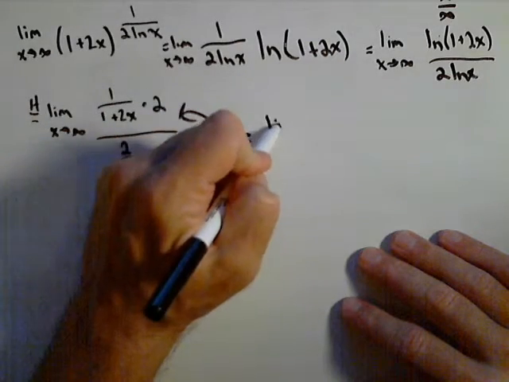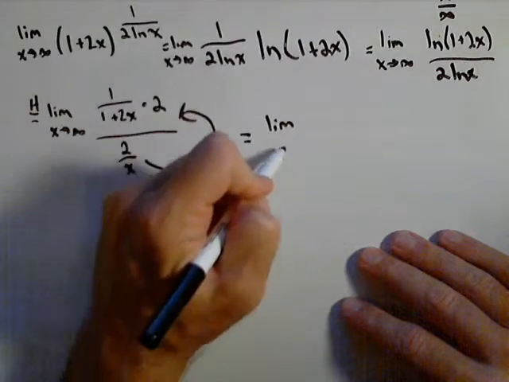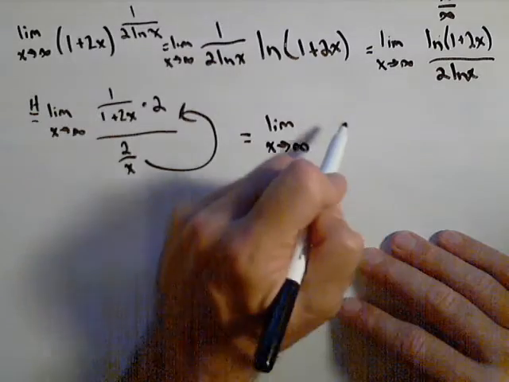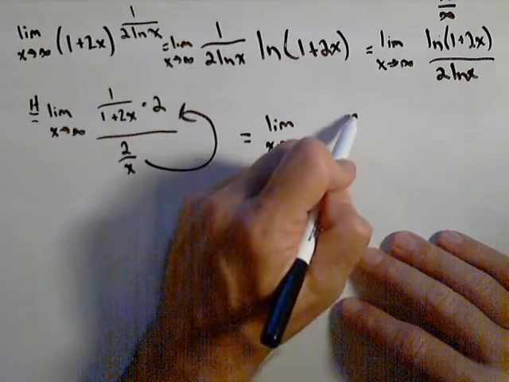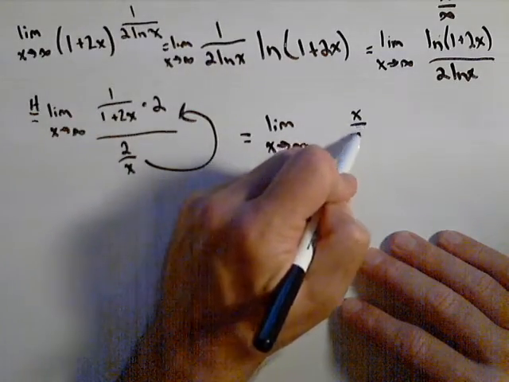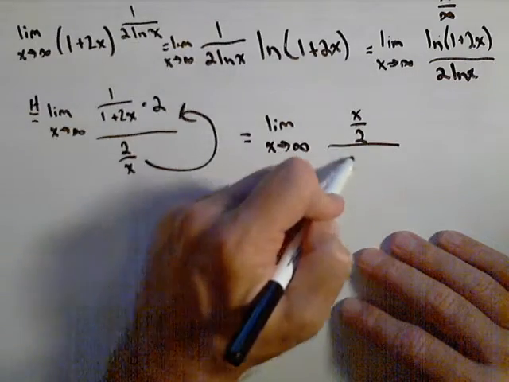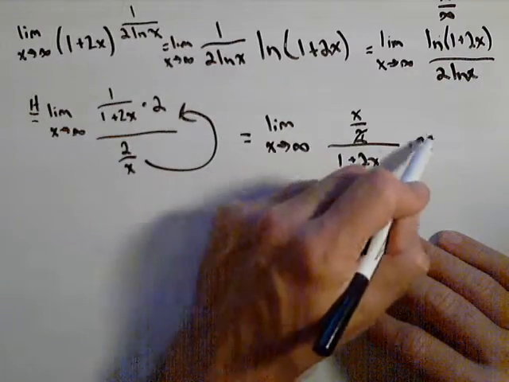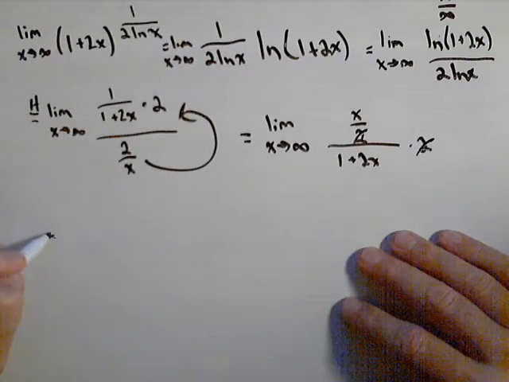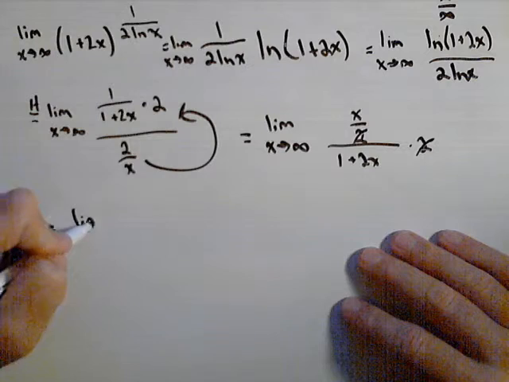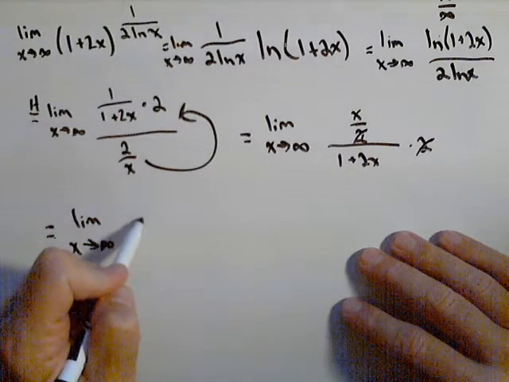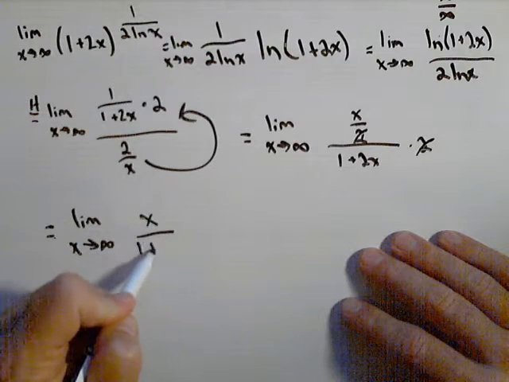So I have the limit as x goes to infinity of x over 2 over 1 plus 2x times 2. Those 2's will nicely cancel out for us. So I get the limit as x goes to infinity of x over 1 plus 2x.